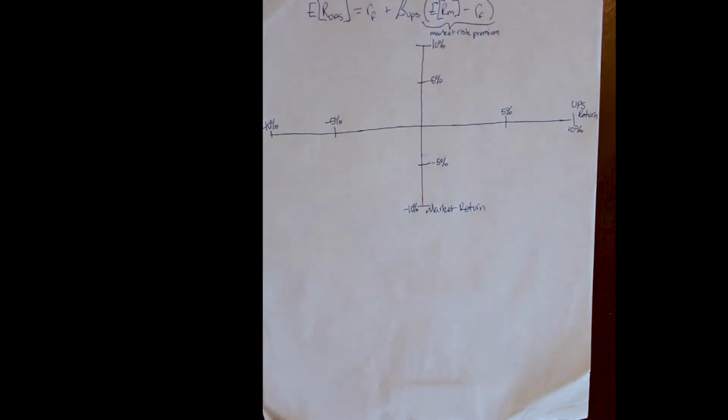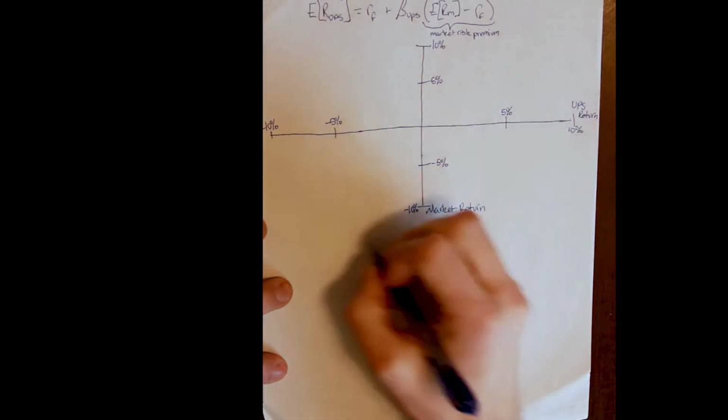Good. Now what we want to do here to understand the relationship between the UPS stock price return and the average market return on prices is graph a series of different points, and those points are going to be months.